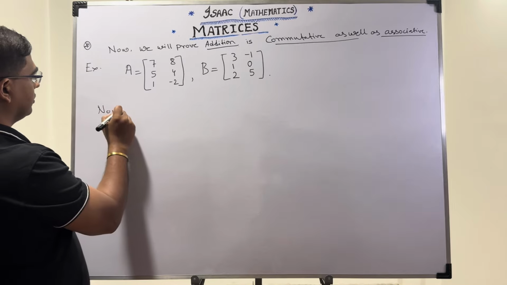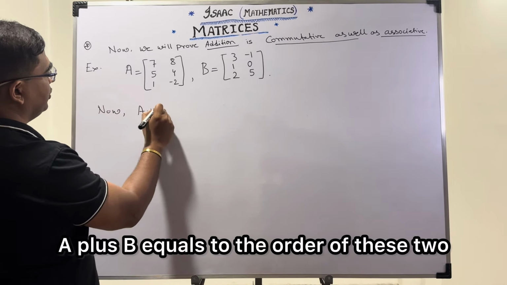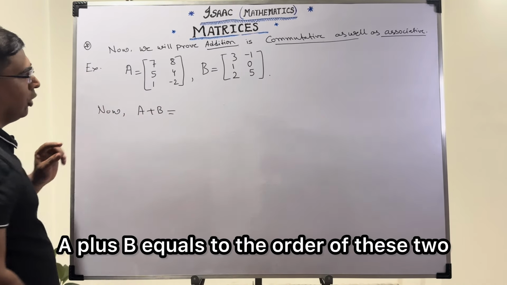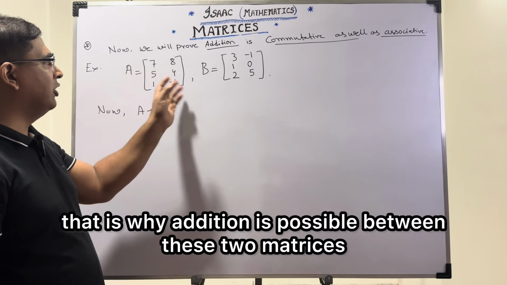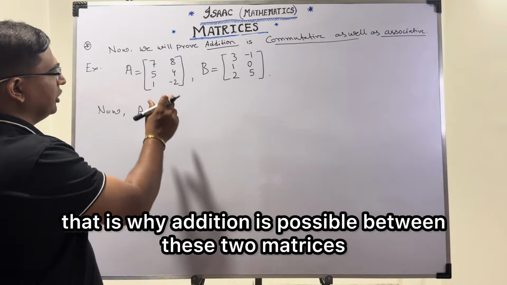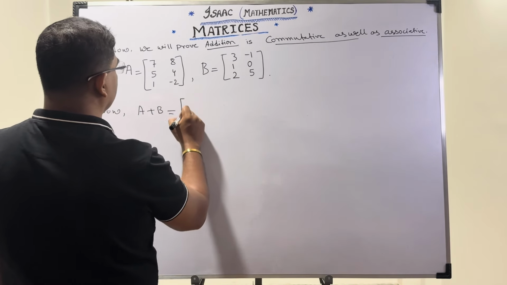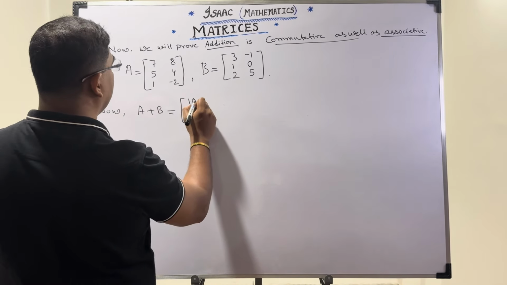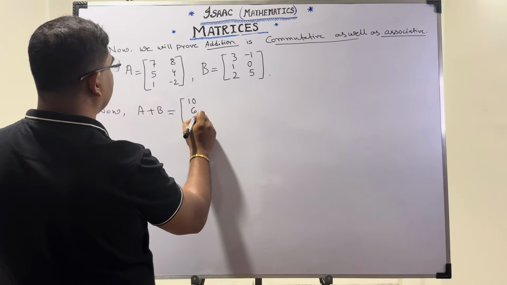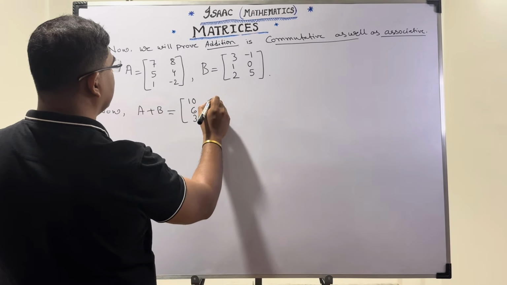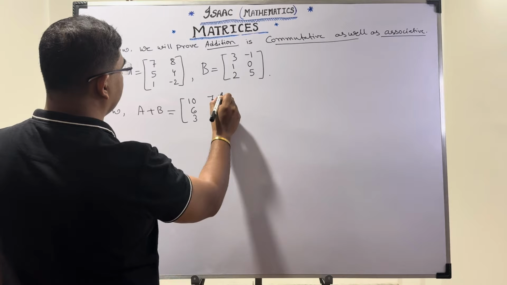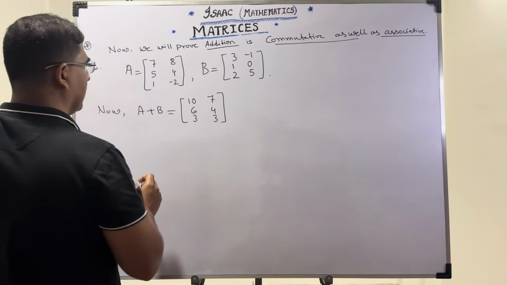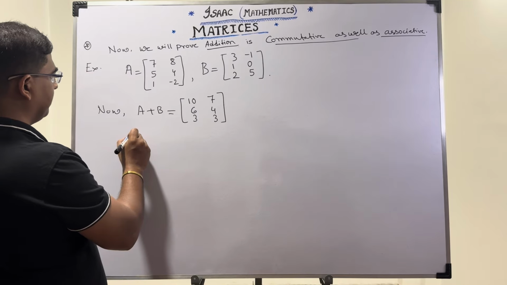Now A plus B equals, the order of these two matrices is 3 by 2. That is why addition is possible between these two matrices. So A plus B is equal to 10, 6, 3, 7, 4, 3.